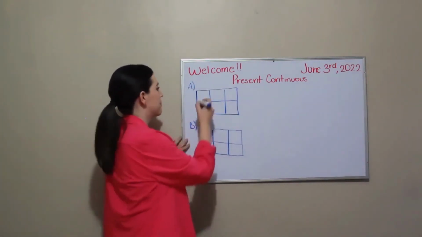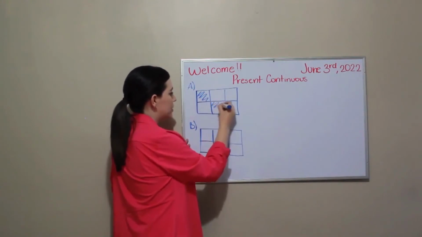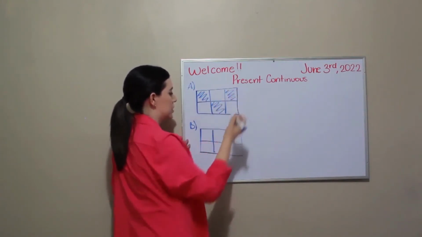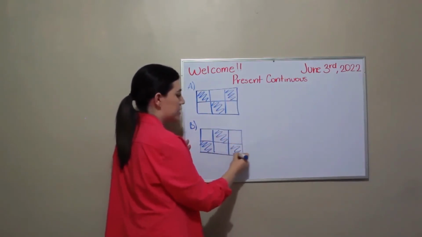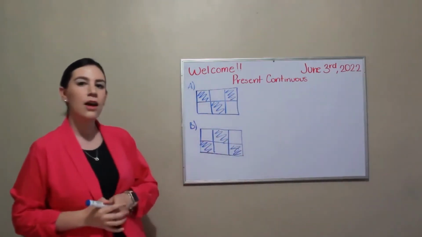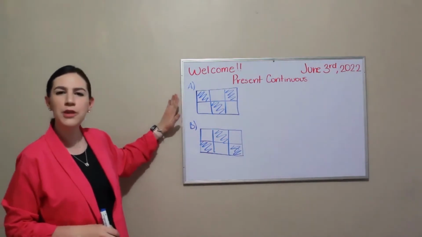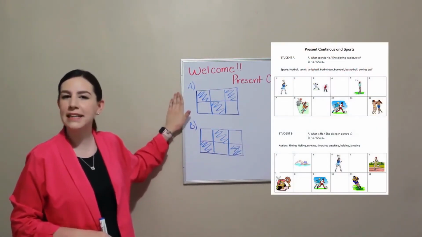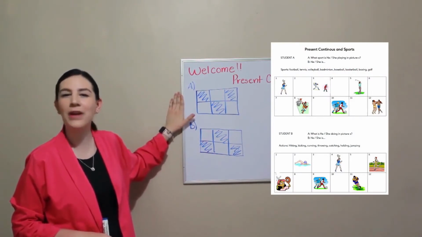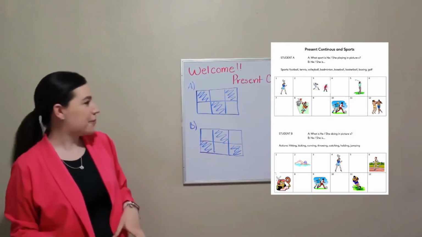Yes? Okay. Over here you have an image, over here as well, and here as well. And you have the opposites on the other chart, right? Okay, I believe that in the first square you have a girl who is playing tennis, right? Yes. Okay, so what's going on in here?